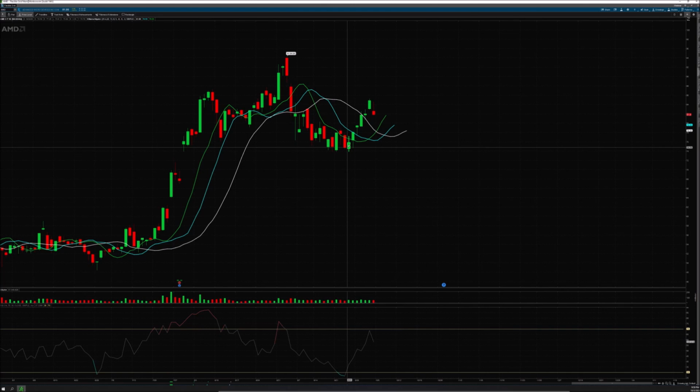So if AMD is not even near my strike, and the chart is showing that it's still bullish, I'm just gonna keep it until that chart gives me a confirmation that it's gonna reverse. And even if it does reverse, if it doesn't get near my strike, I still hold it.